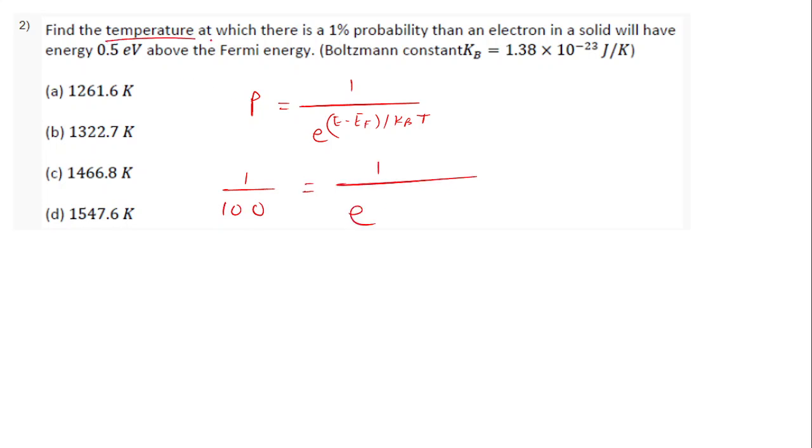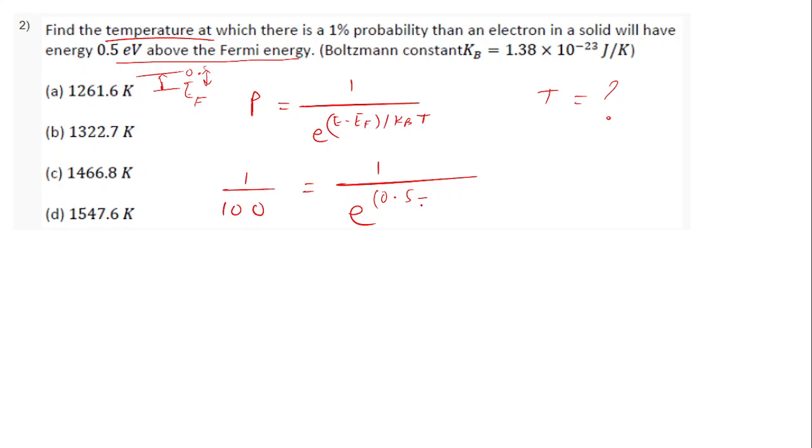We need to find the temperature, meaning T is unknown here. When we substitute, E minus EF is given, because it's given that the energy is 0.5 electron volt above the Fermi energy. Means if this is the Fermi energy, then the electron is 0.5 electron volt above it.